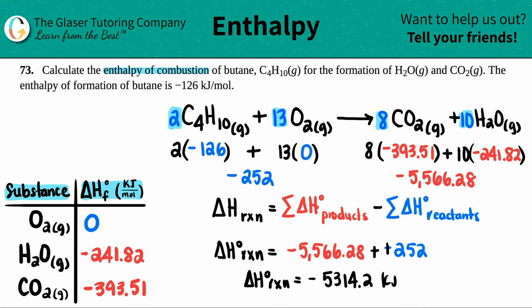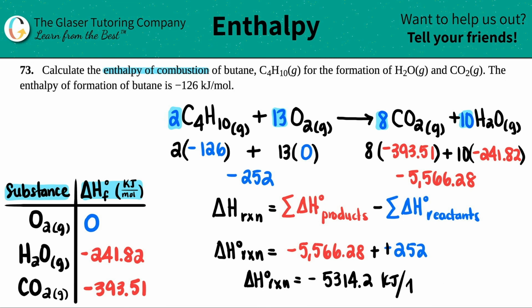This is kilojoules. But now if we're talking about the combustion of butane, right, and the butane is C4H10, how many butanes were in this balanced equation? Yeah, there was 2 of them. So I can't just say that this is kilojoule per mole, because this assumes that it's 1 mole.